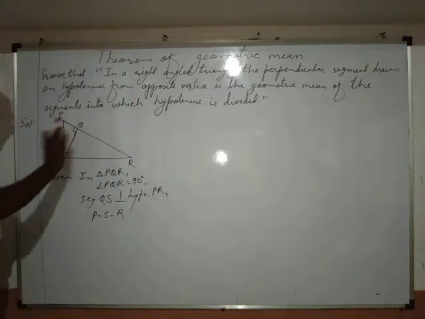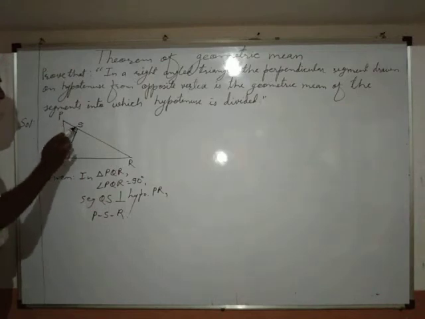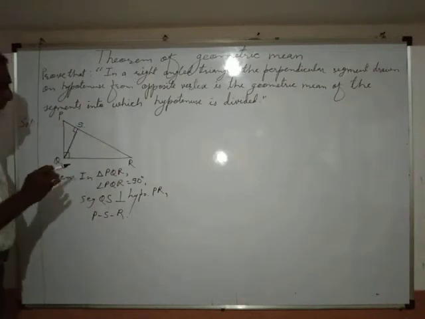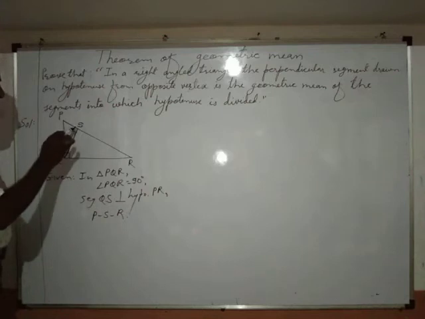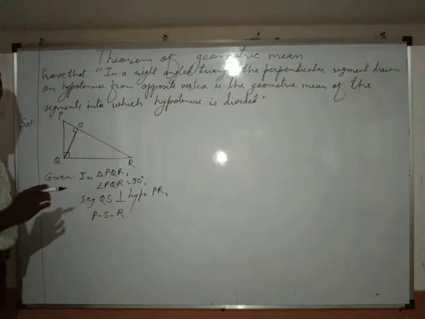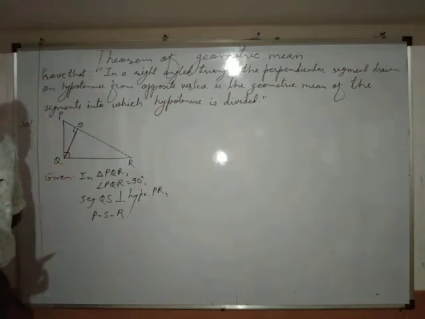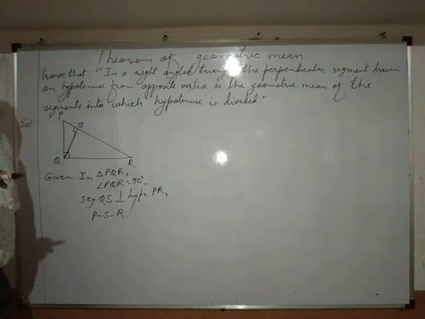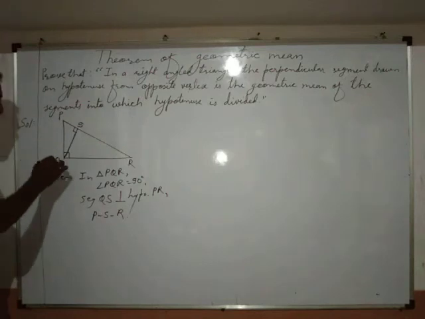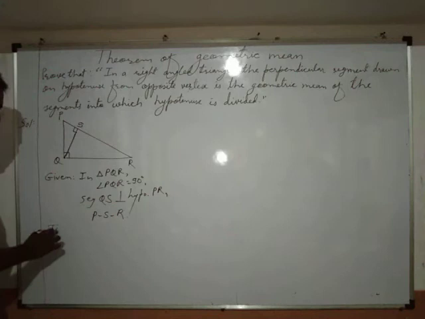Then the consequent part is that the segment is the geometric mean of the segments into which the hypotenuse is divided. Means seg QS is the geometric mean of seg PS and SR, because seg QS divides hypotenuse PR in two parts, PS and SR. We know that the geometric mean is a term among three terms such that the square of the geometric mean equals the product of the rest of the two terms. Means in this case QS square equals PS into SR, that we have to prove because it is the consequent part.